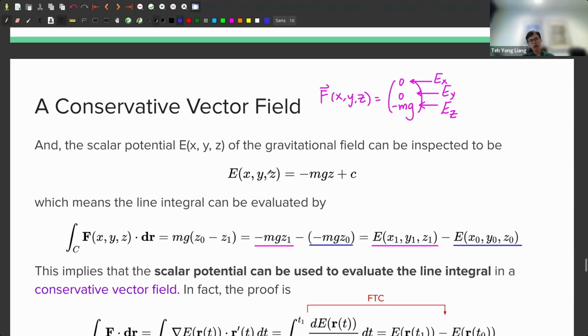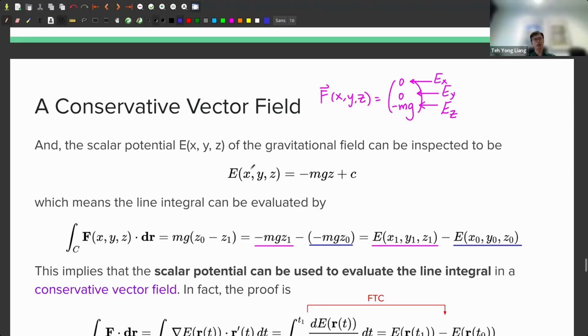So we can use the scalar potential, if it exists, to find the line integral without performing integration. Let's say one part of the question asks you to evaluate the scalar potential. I give you a vector field, and you go through the long-winded process: integrate, differentiate, compare. Then you get your scalar potential function.